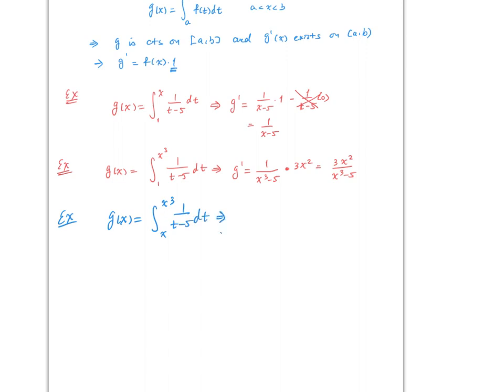So therefore g prime is going to be the first part, which will be 1 over x cubed minus phi times 3x squared, and then minus, because this is the bottom, 1 over x minus phi times 1. And this is as hard as this first part gets, which as you can see is pretty simple. So the second part is the one you will be using more often, and that's it.